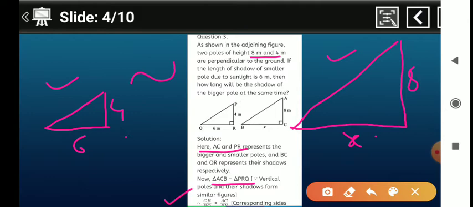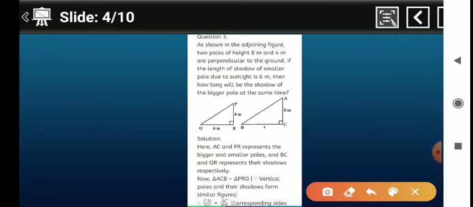Therefore CB upon RQ is equal to AC upon PR. So we can write separately here.